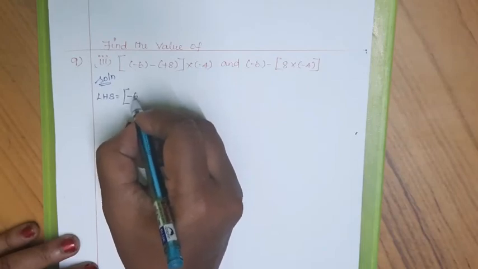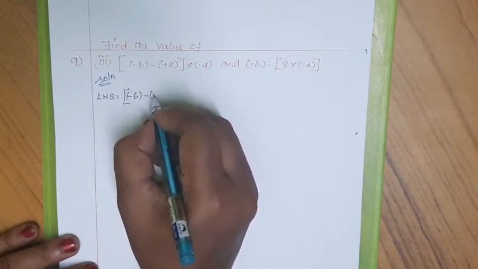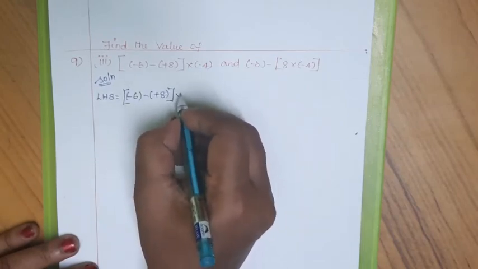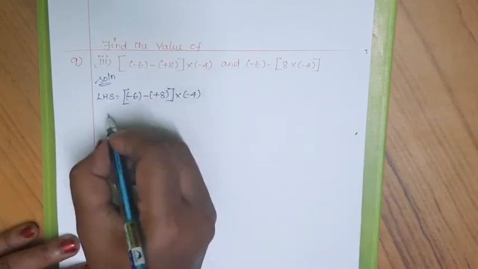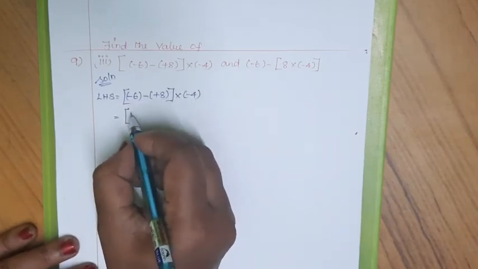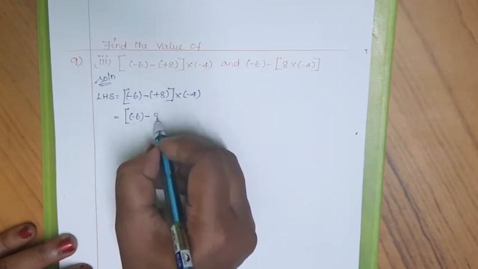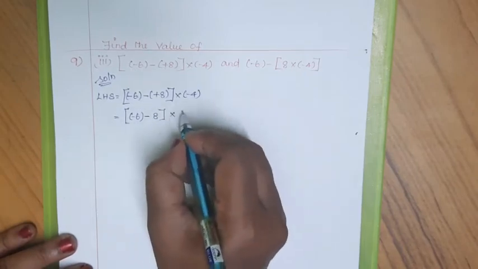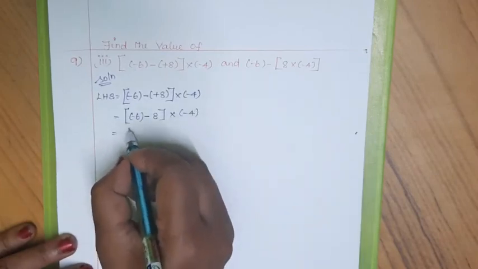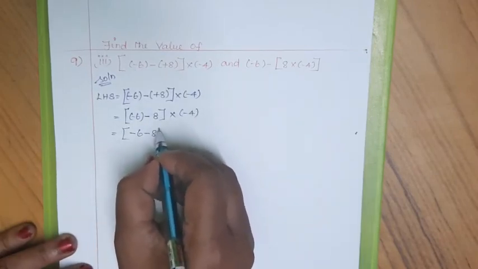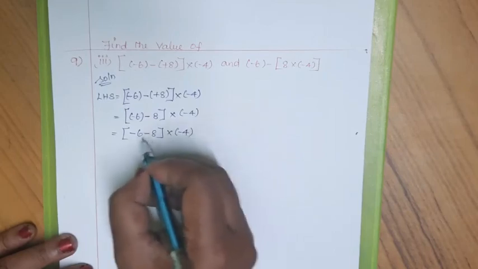Within the bracket minus 6 minus of plus 8 into minus 4. Within the bracket, minus 6, we see that minus into plus is minus, into minus 4. Minus 6 minus 8 into minus 4.